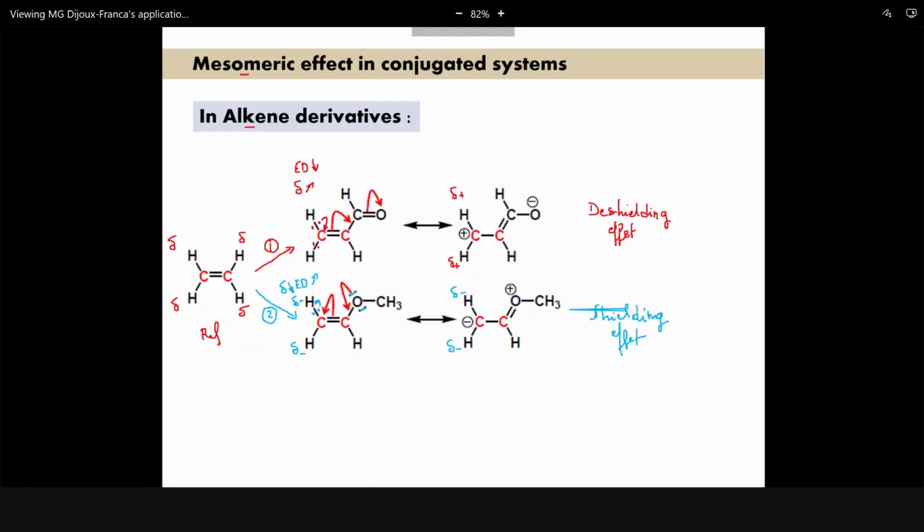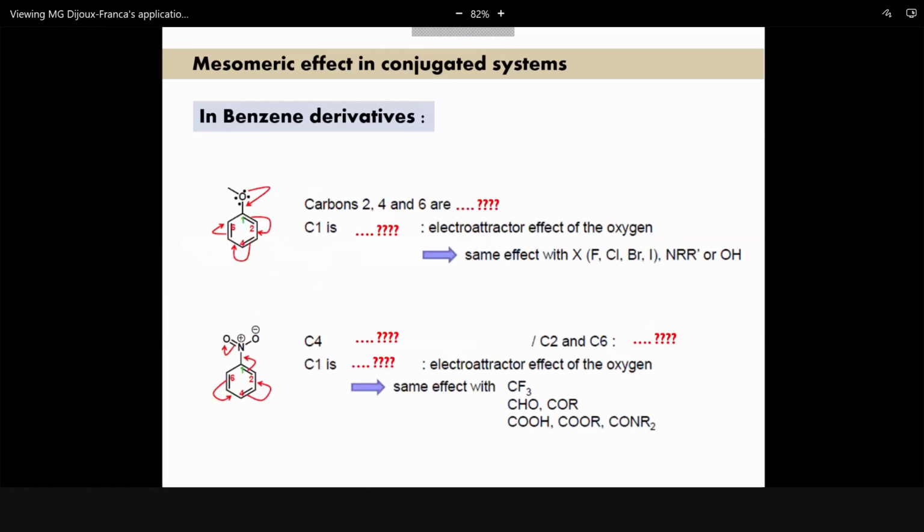Okay, so we have the same phenomenon in aromatic derivatives. We started to see that yesterday. So when you have a donor effect, which is either an inductive or here a mesomeric effect because of the conjugation with the aromatic ring, then you will have a decrease of the chemical shift compared to the benzene.